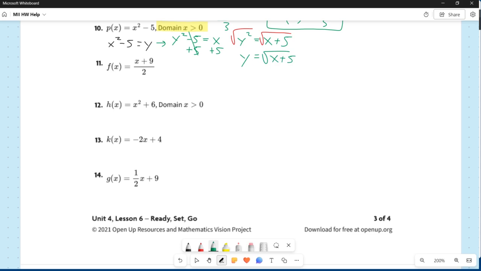Right? So it's a long-winded way of saying it's just the positive square root, not the negative square root, because we restricted our domain in the original function.